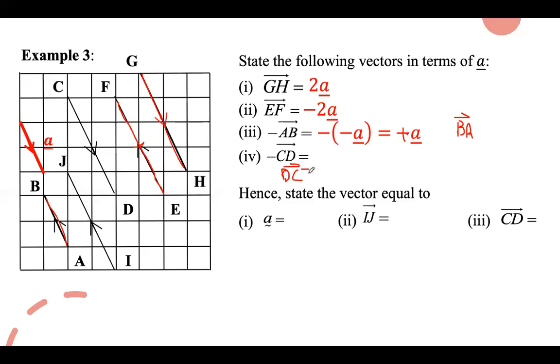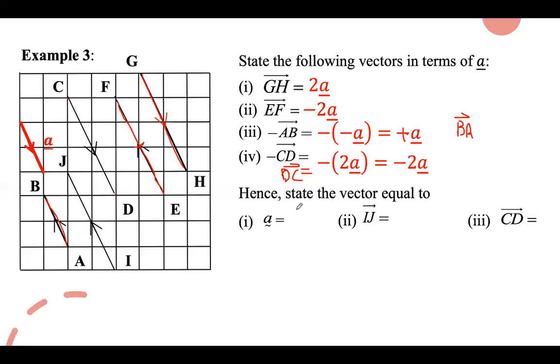It's going from downward to upward. So it's negative 2A, negative times 2A. CD is double of A, so double vector of A, therefore negative 2A. So that is how you represent GH, EF, negative AB and negative CD in terms of A.